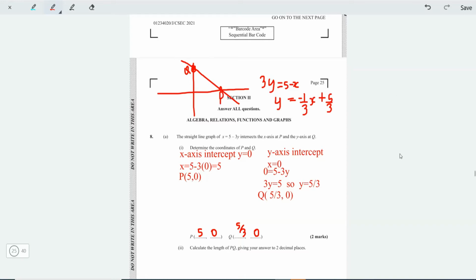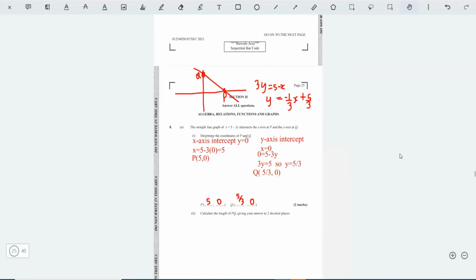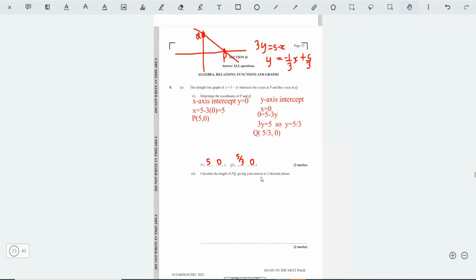Now the next thing they say is calculate the length of PQ, giving your answer to 2 decimal places. Now to find the length of PQ, look at this. If you have a triangle, this is the base. The base of the triangle is from (0, 0) to P. So that has a base of 5.